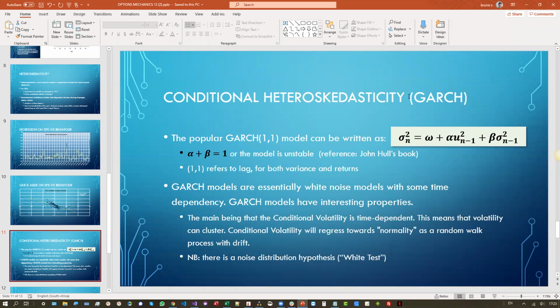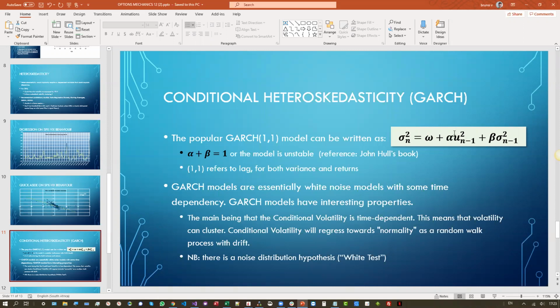Let's just call it GARCH because it's simpler to pronounce. If you are curious, you must have heard of or even played around with GARCH(1,1). This is the model.